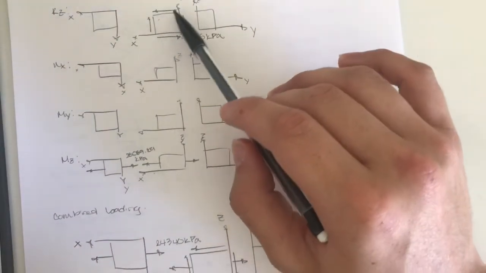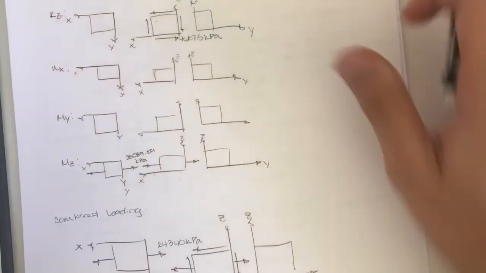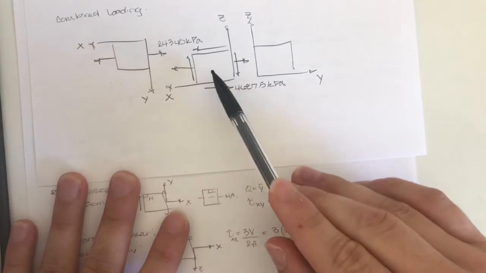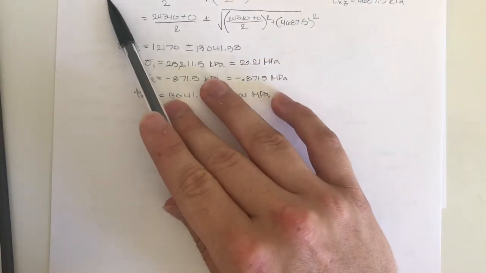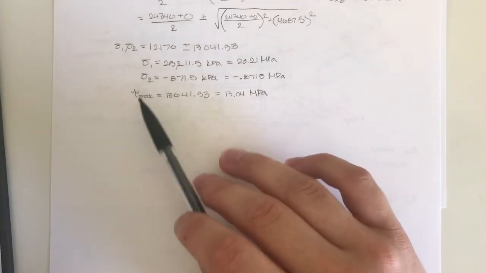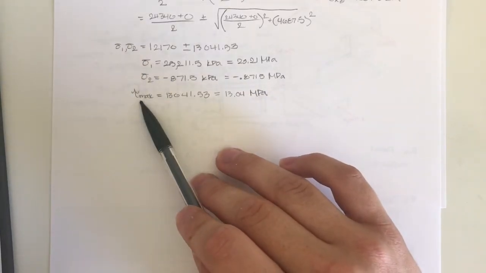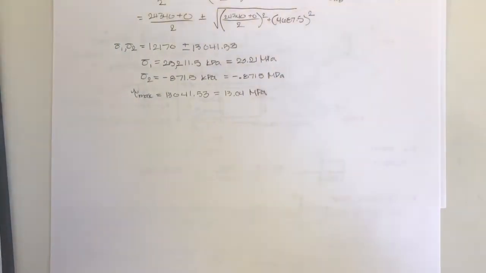And we took just the same shear stress in the XZ plane and added that to our combined loading problem right here. From that, we got our principal stress 1, principal stress 2. So this is the max, the minimum, and the max shearing stress as well. Perfect. Thank you.